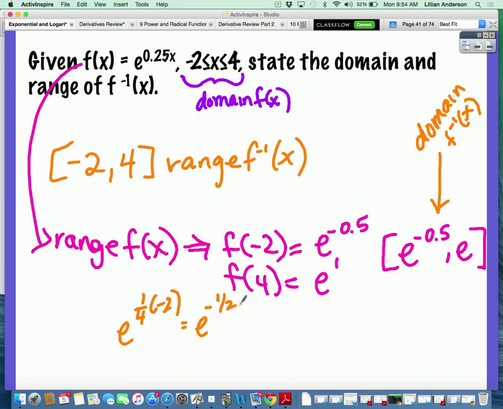That would be the y coordinate for x equals -2. You do the same thing for 4, and you get e to the 1. Those are the corresponding y's that go along with the x's. Get 2 more. Make sure you read so you know what you're looking for.